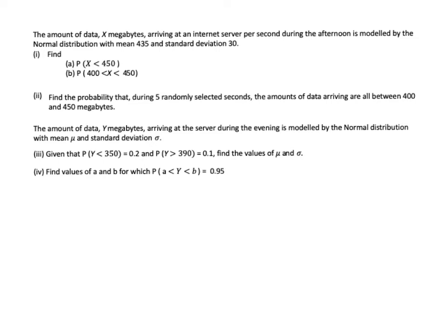Okay, first of all, let's list down the information that we have. The mean is 435, so mu equals 435, and the standard deviation is 30. So let's sketch the bell curve, a rough sketch.